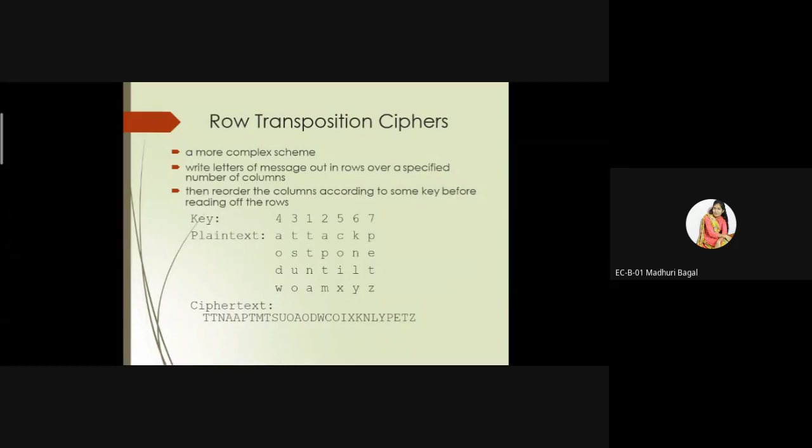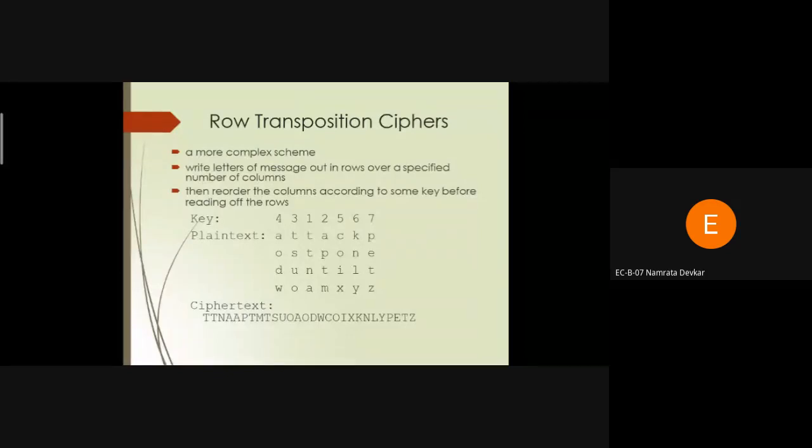Write the key numbers: 4, 3, 1, 2, 5, 6, 7. Are you able to do it? Yes or no? Yes, sir. Okay, so just do it and put your answer in the chat box.